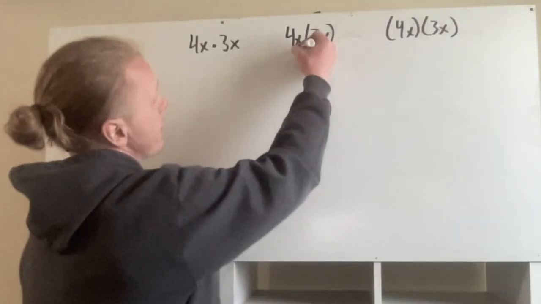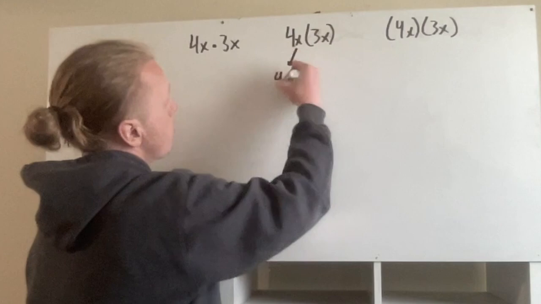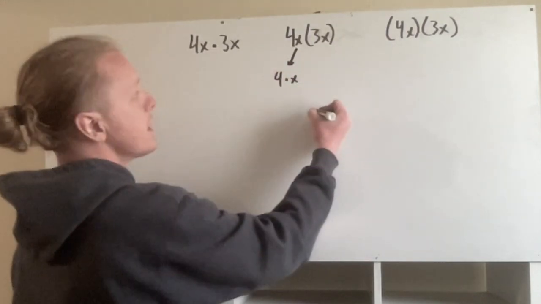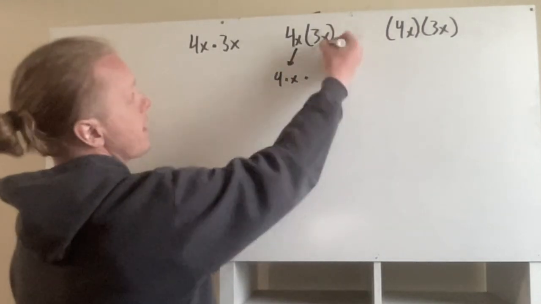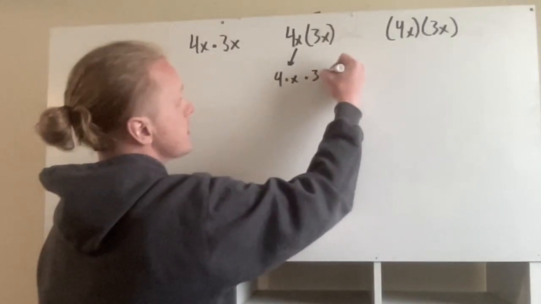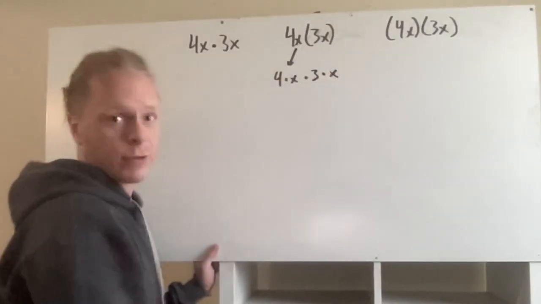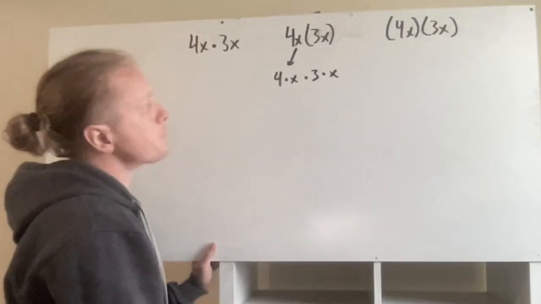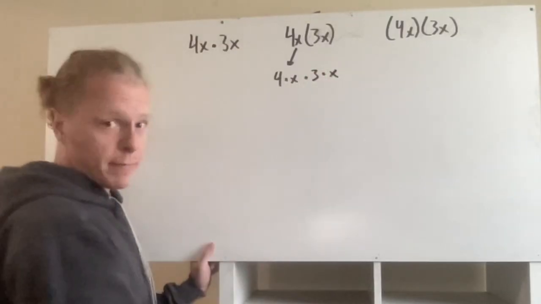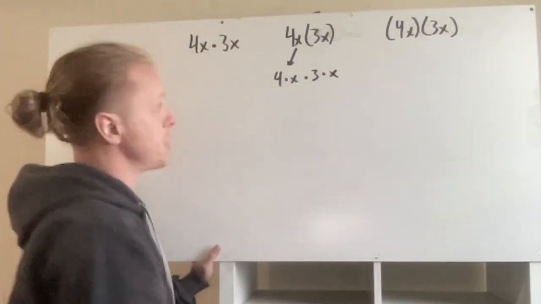So remember that 4x is 4 times x, times, and then 3x, which is 3 times x. Okay? The order that we multiply in doesn't matter. It's called the commutative property of multiplication.